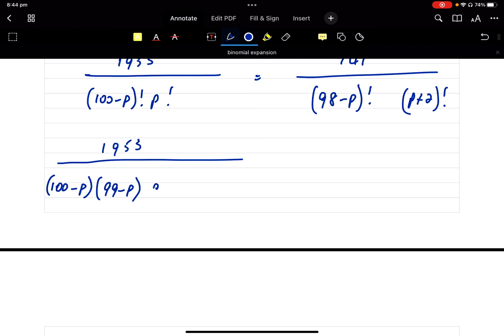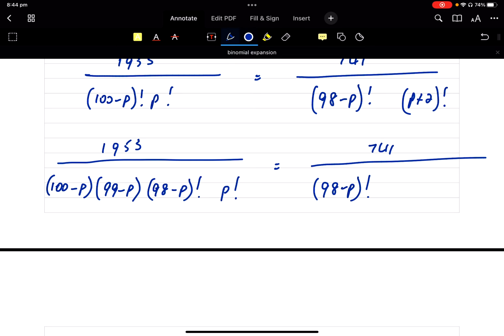And what's 1 less than that? Factorial. And then there's a p factorial. So I'm happy with this 98 minus p factorial because it's going to cancel over here, which is nice.